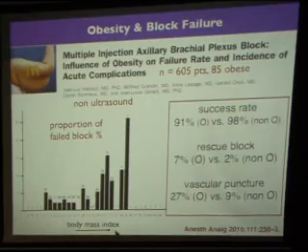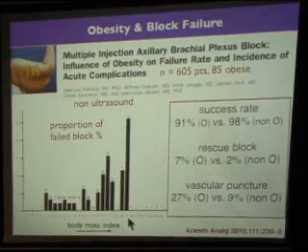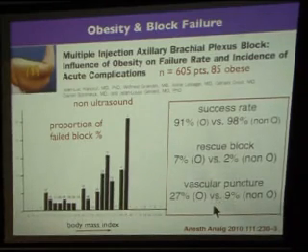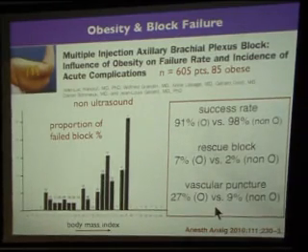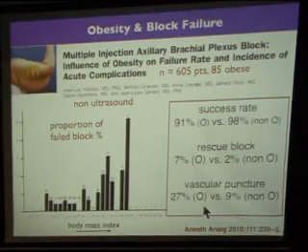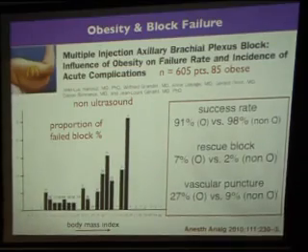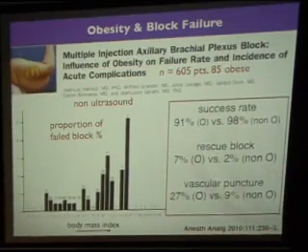As the body mass increases, you'll see that the incidence of failure increases. And also the vascular puncture rate is greater in the obese subjects. So this is one that shows the complication rate with vascular puncture is greater.